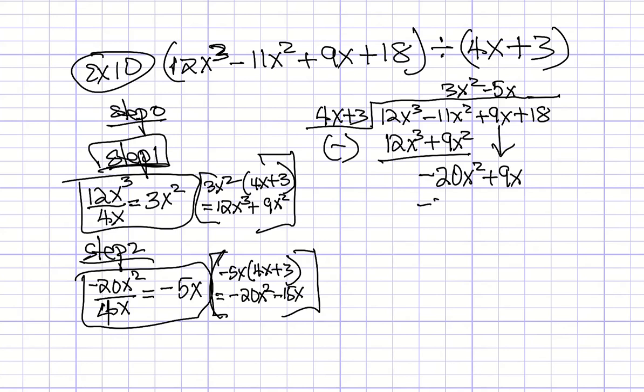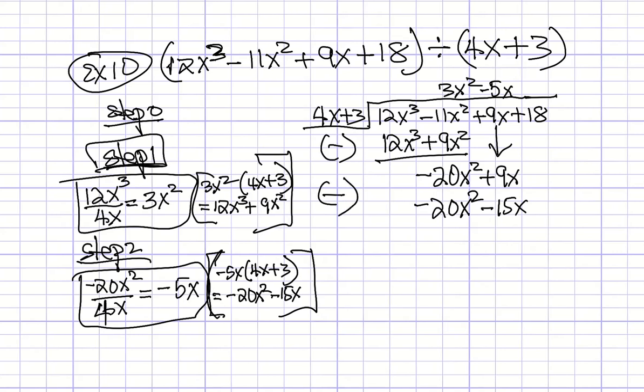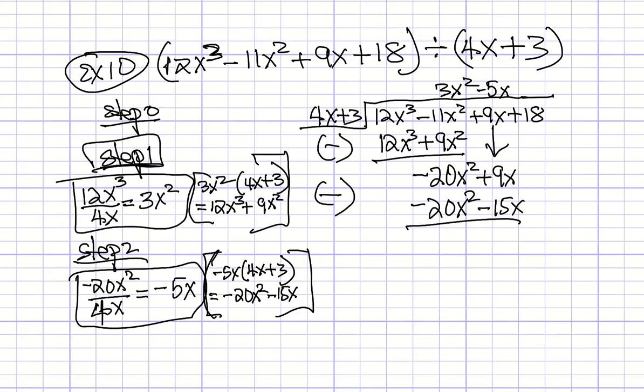You put it there, 20x squared negative 15x. You see that, right? And then you subtract. You subtract that, what do you get there? The first one disappears, the second one becomes positive 15.